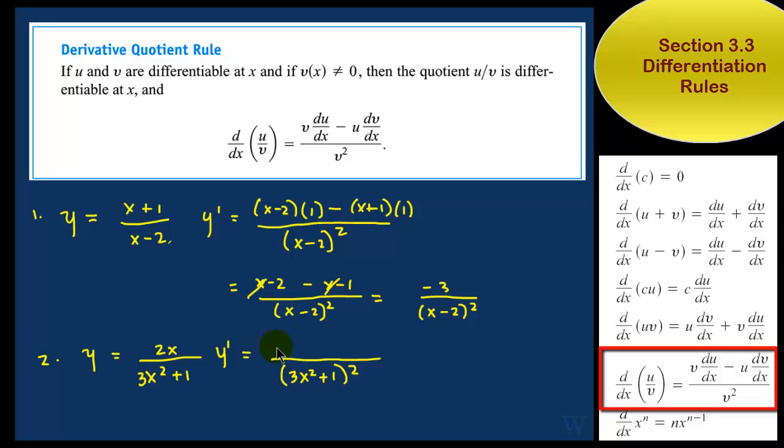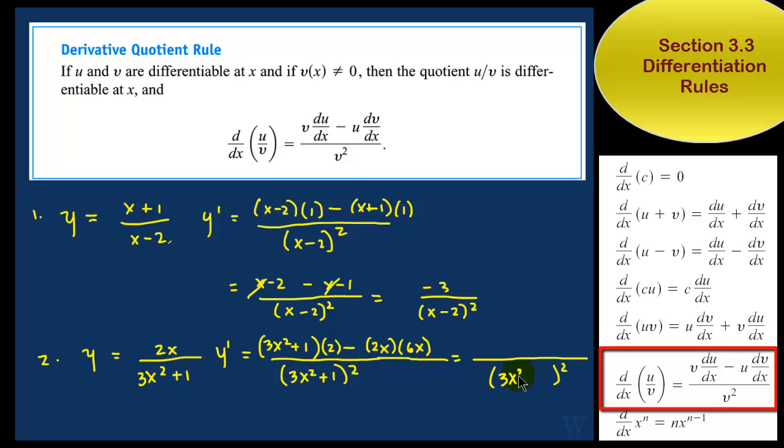It says you take the function that's at the denominator, so let's take 3x squared plus 1, multiply by the derivative of the one on the top. What's the derivative of 2x? It's 2. Minus, take the function that's on the top, multiplied by the derivative of the denominator, which is equal to 6x. And all we need to do now is just simplify.